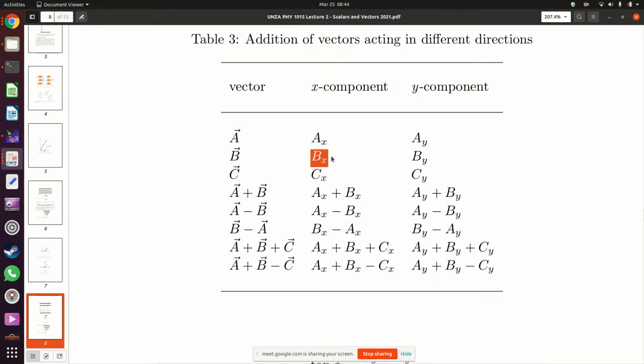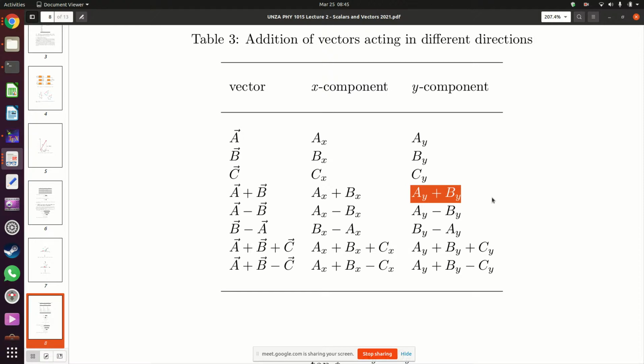So a plus b along the x-axis is as simple as ax plus bx. Very simple. Then a plus b along the y-axis: a along the y-axis is ay, b along the y-axis is by. So a plus b along the y-axis is just ay plus by. Very, very simple. Once you have worked out ax, ay, bx, by, everything else is just straightforward.